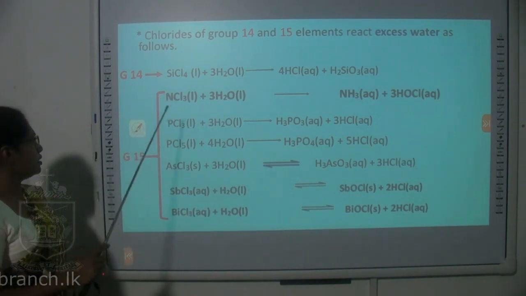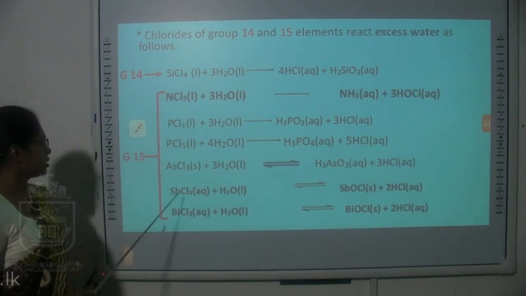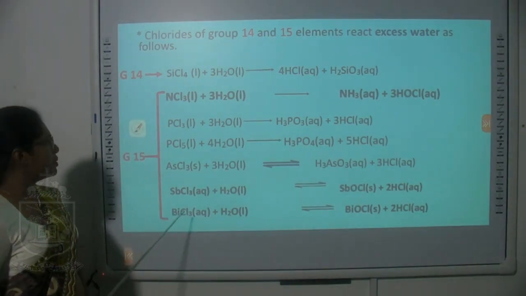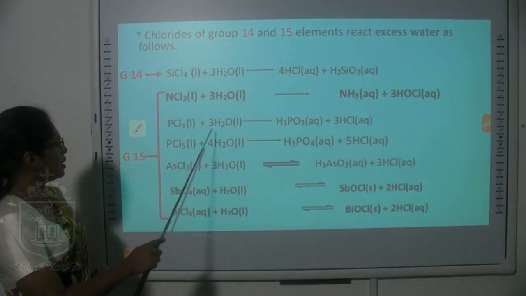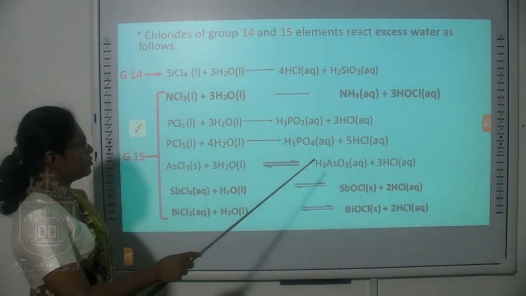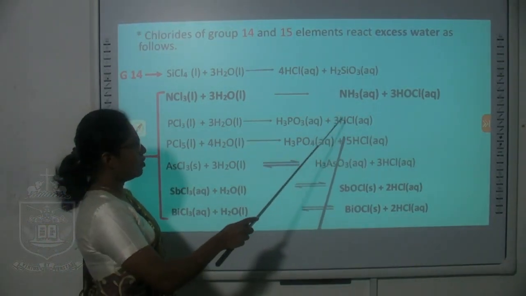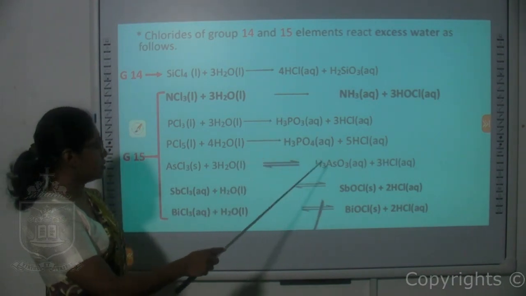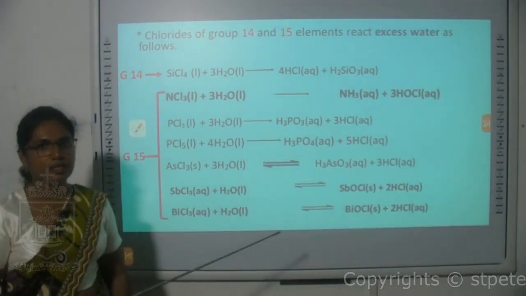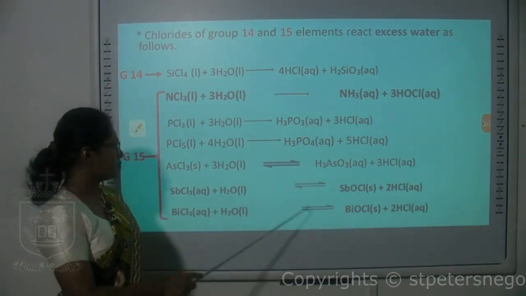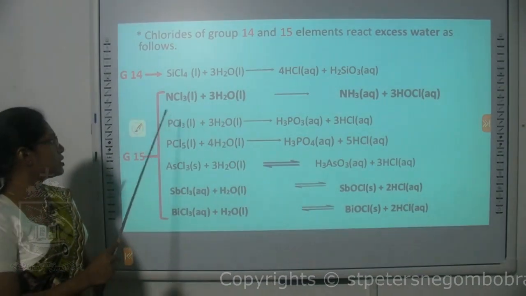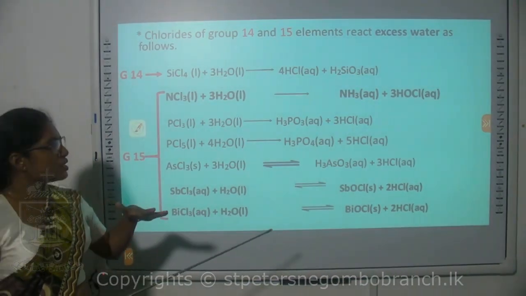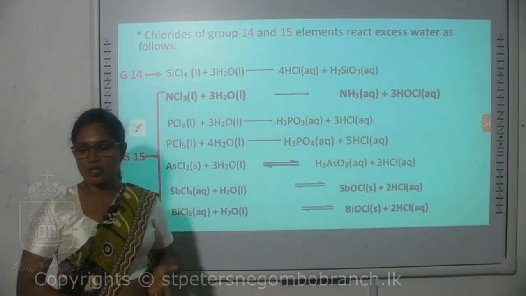And nitrogen, phosphorus, arsenic, antimony and bismuth, they are group 15 elements. They react with excess water and all form HCl, but the other products are different. So you can check the differences between the reactions with less water and excess water.